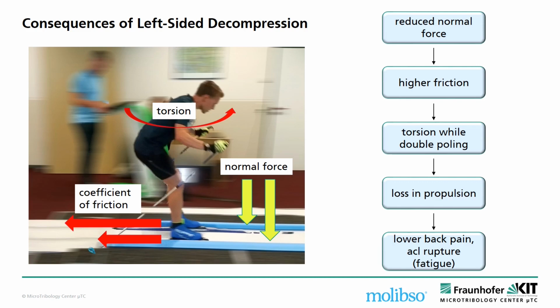The guy gets slower. And after a couple of kilometers or days or weeks, he feels lower back pain. And when fatigue moves on, he may also go into an ACL rupture, which moves him out of competition for at least half a year. So this is a very complicated tribological biomechanical issue.